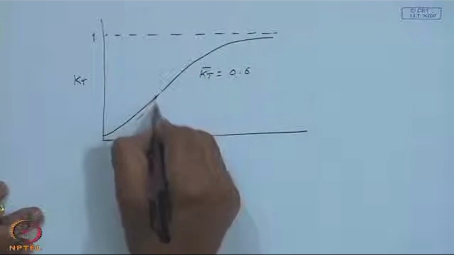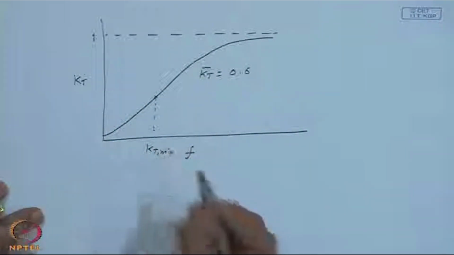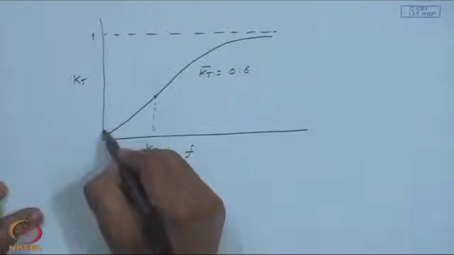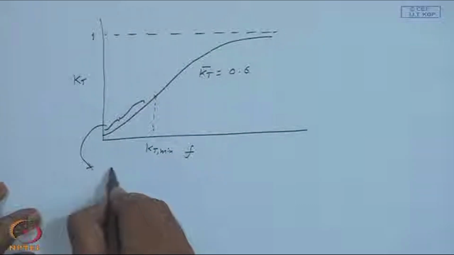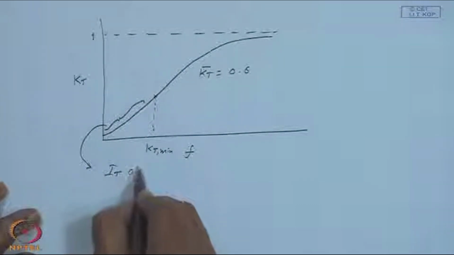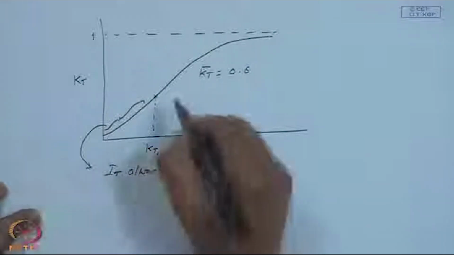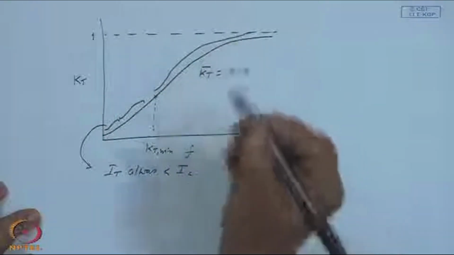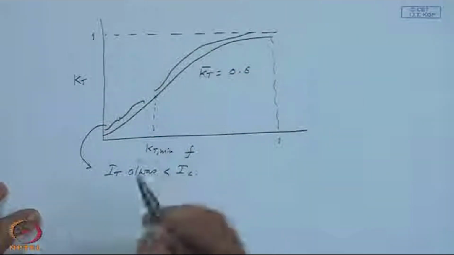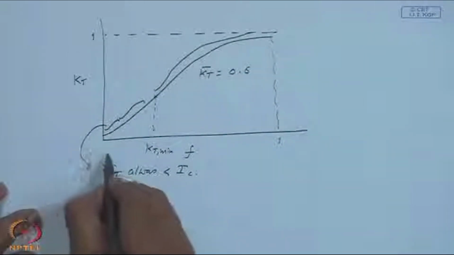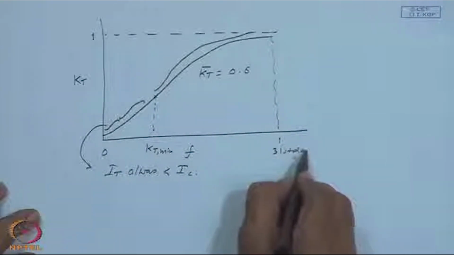This is my KT minimum. So, all this much fractional time, I t is always less than I c. In this fractional time or the number of days, if this 1 is the cumulative frequency, or it can be considered as 0th day and 31st day. Okay.